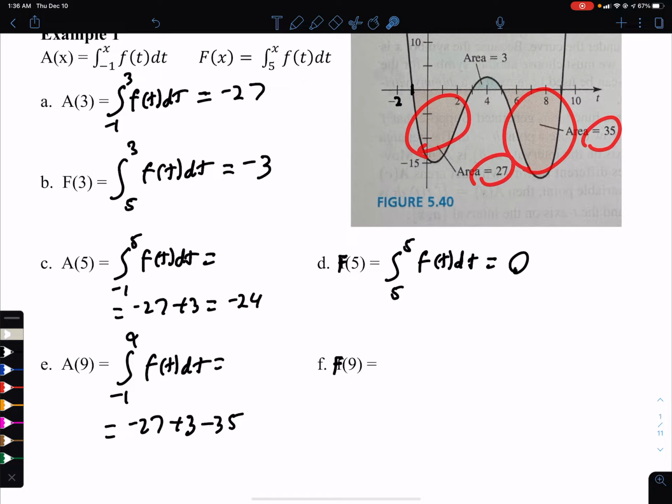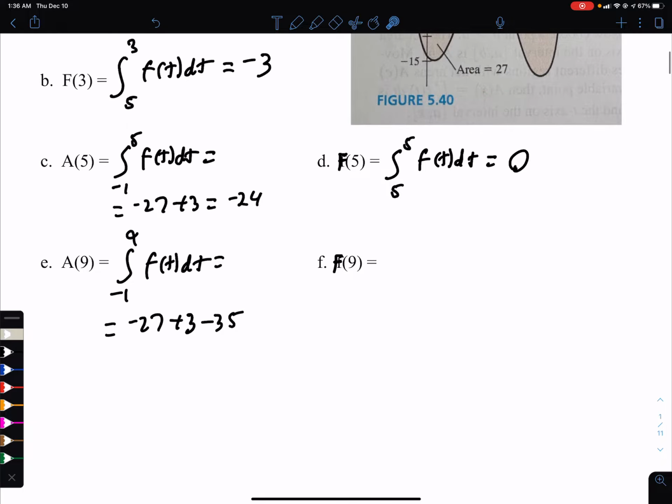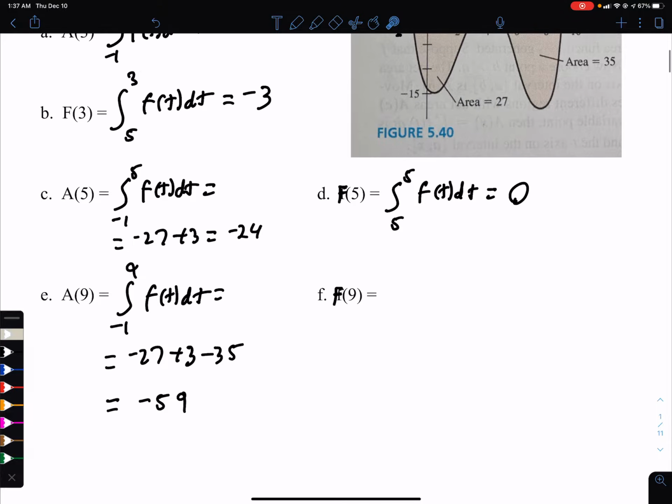That's below, so it's minus. That's above, so it's plus. And what does that get us? -24, -59, I think. I hope I'm adding right. 30, 50, 62 minus 3. I believe that's right.